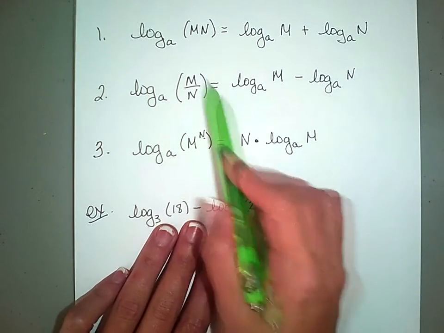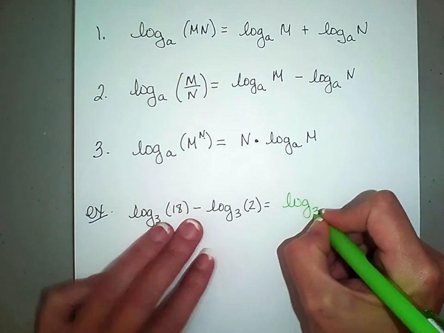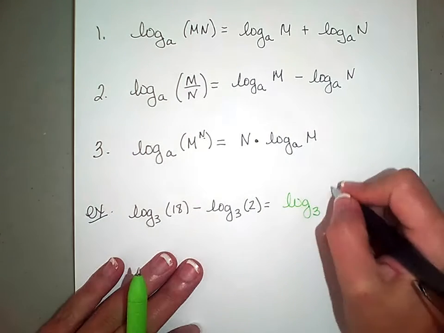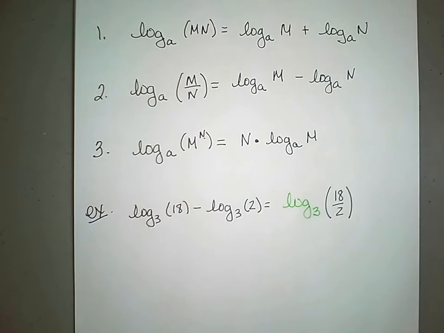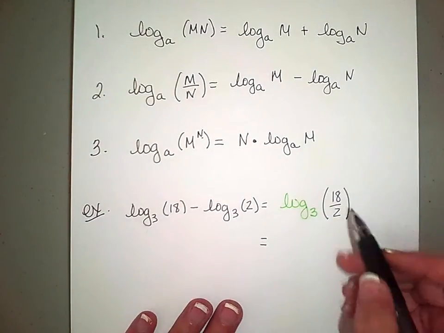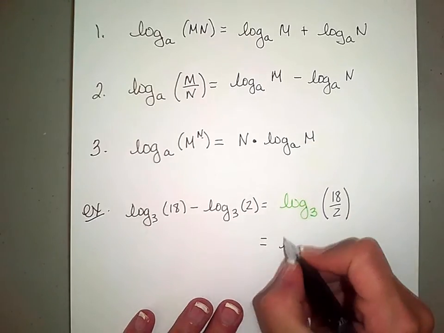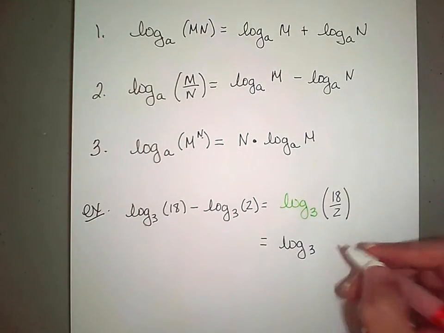So we could recombine them and write this as the log base 3 of the first one divided by the second one. Now inside of here, I can simplify. So this will be the log base 3 of 9.